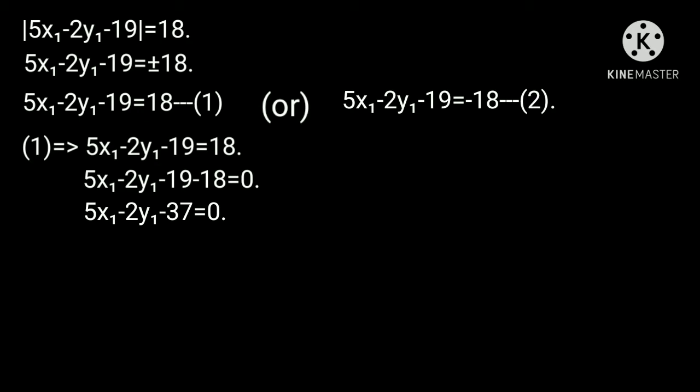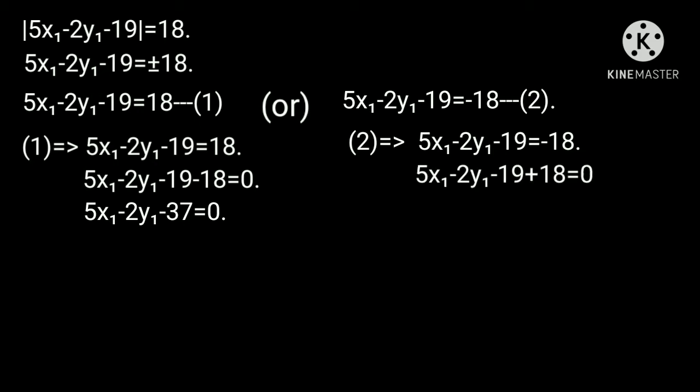Next, we solve equation number 2. 5x1 - 2y1 - 19 = -18. Taking -18 to the left side, 5x1 - 2y1 - 19 + 18 = 0. After simplification, 5x1 - 2y1 - 1 = 0.